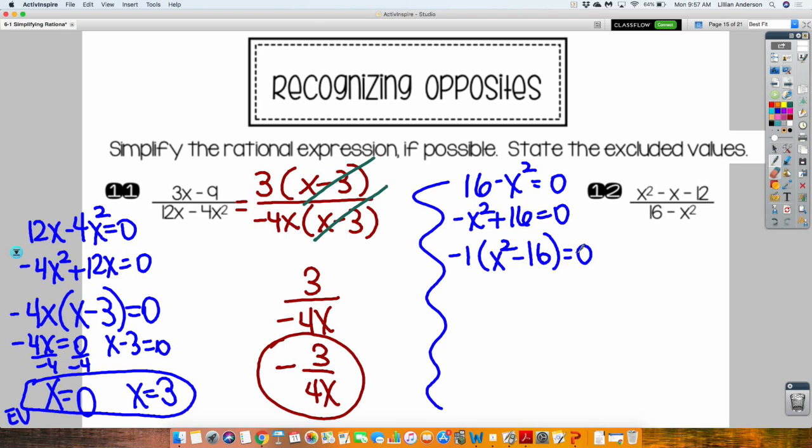How does x squared minus 16 factor? X plus 4, x minus 4 is another difference of perfect squares. Remember, you take the square root of x squared, take the square root of 16. One's a plus, one's a minus. Yes, they're actually not going to be the same thing because one's a plus.